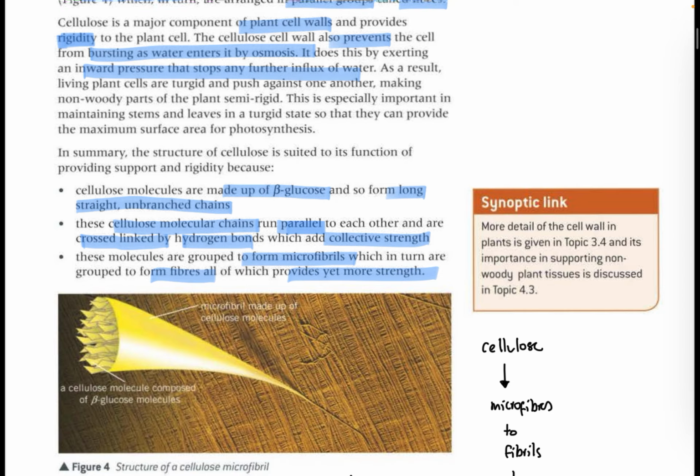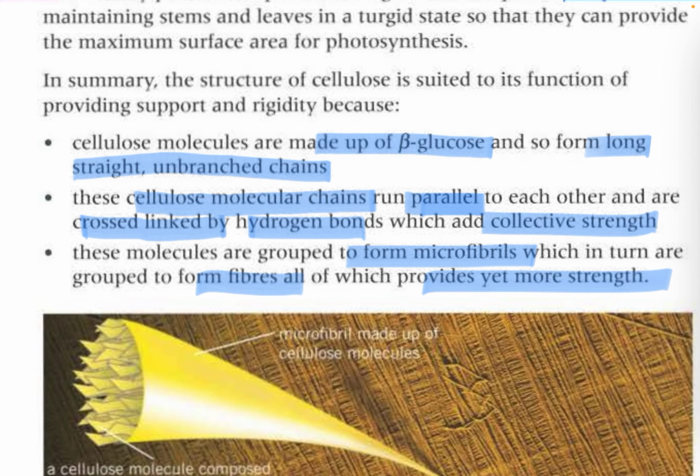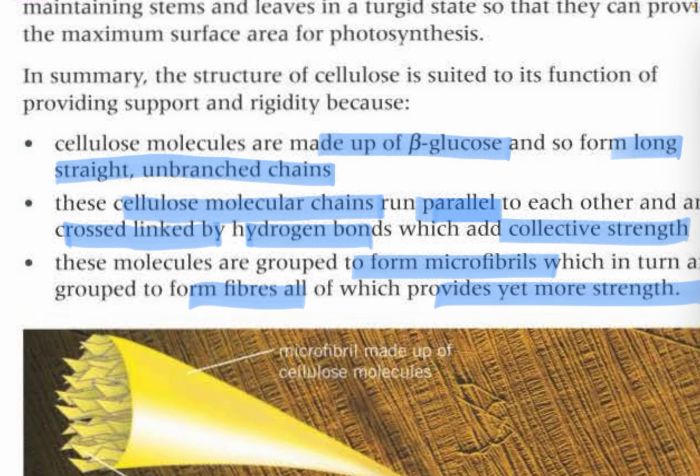Okay, so in summary, once again, cellulose, microfibrils, fibers. Cellulose has 3 adaptations. It's made of beta glucose, which is long, unbranched, straight chains. I'm not really sure how that's an adaptation, but I suppose it is. It's a feature for sure, but I don't know how that's an adaptation.